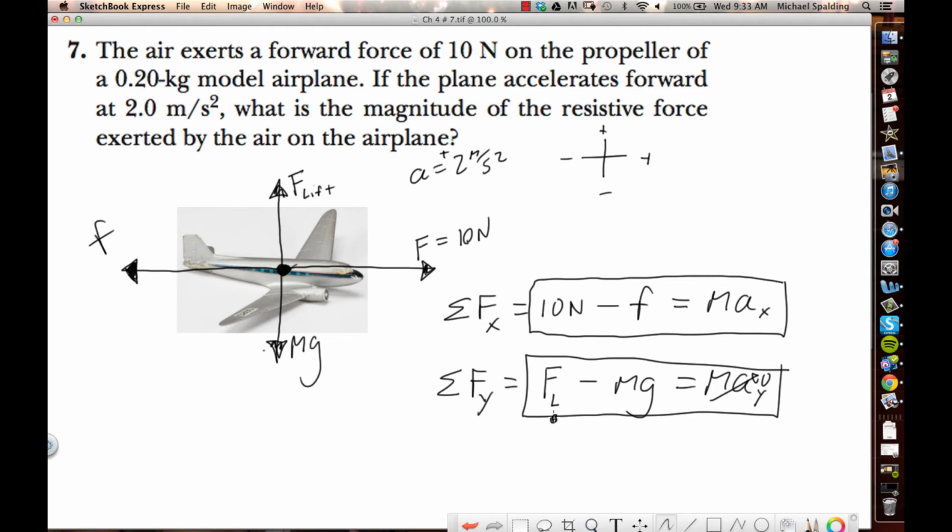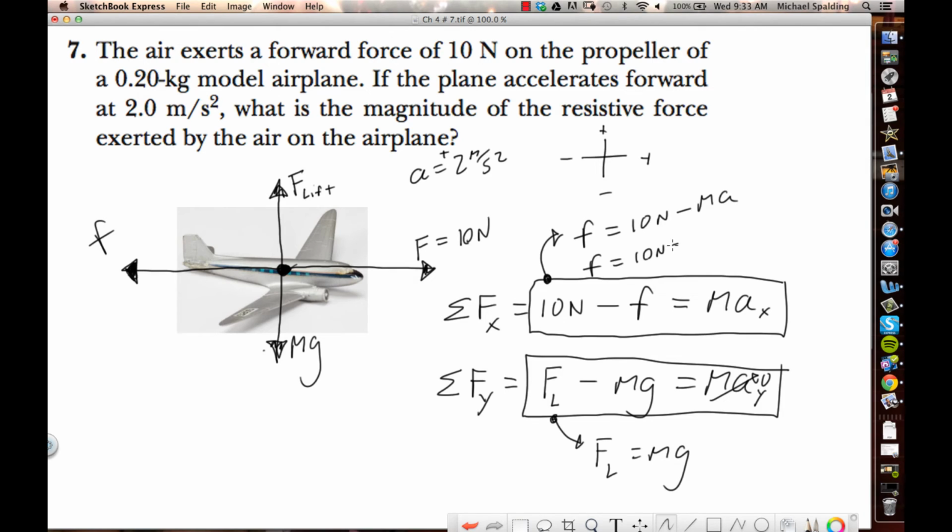So what has to be true about the lift force? The lift force has to equal mg. It has to equal the weight of the airplane. Okay? All right, but let's solve the question. The question is, what's the resistive force, which is this lowercase f? So f is going to be equal to 10 newtons minus ma when you rearrange the algebra.